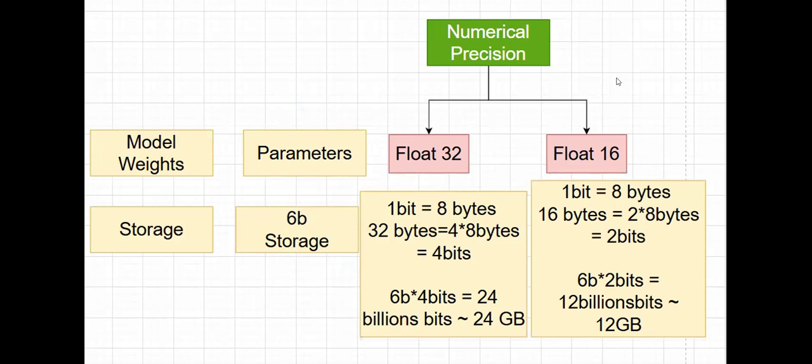For 22 billion parameters, in order to train that, we require 44 GB of storage for storing the model weights. If we consider a 100 billion parameter model, we might require double, that is 200 GB of storage, in order to train the model and store the weights. This is regarding storage.